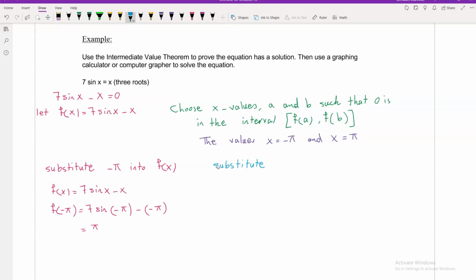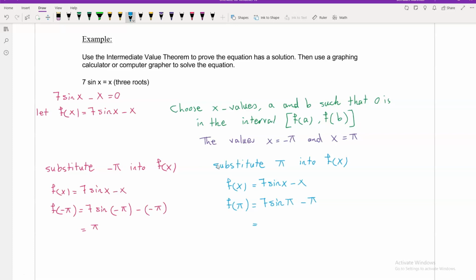Now substitute pi into f of x. So we have 7 sine pi minus pi.